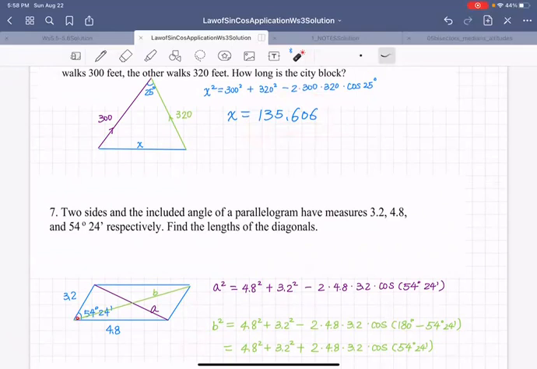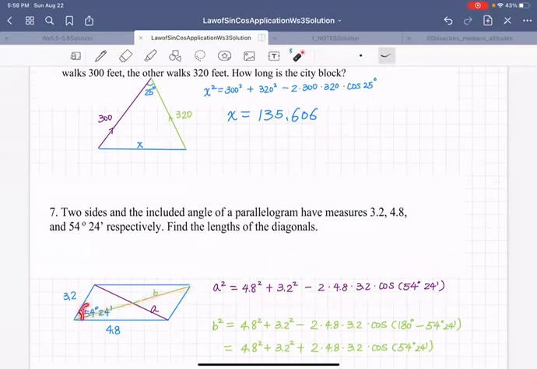For this question, you are given this angle and these lengths. How do you get here? That's easy. Law of cosine. This a squared equals this. If you want to get the other length, that's also easy.